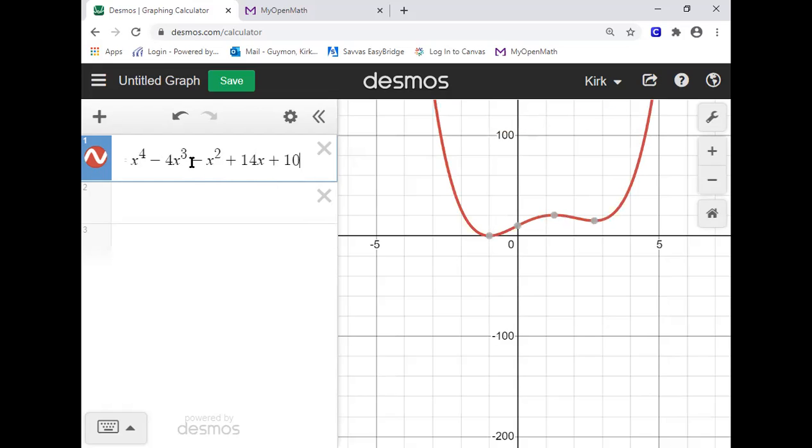Double check this, make sure I didn't make any mistakes typing that in like I did on the last two. X to the fourth minus 4x cubed minus 4x squared plus 14x plus 10.